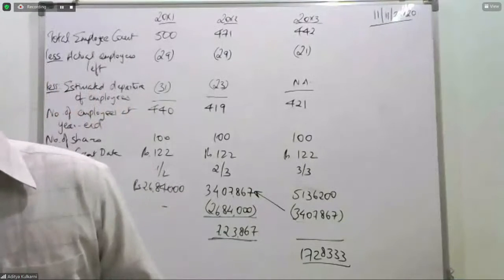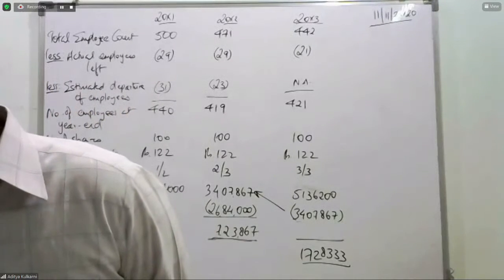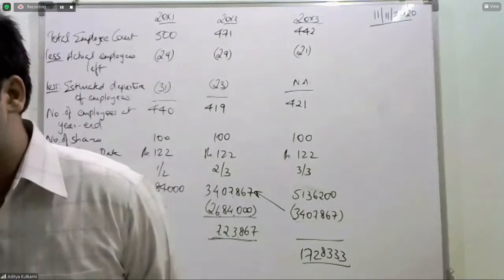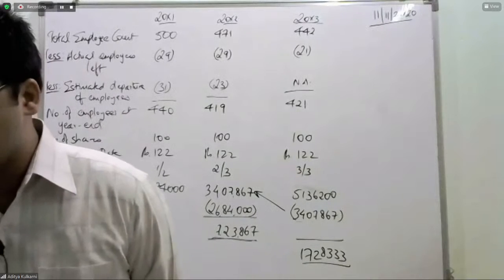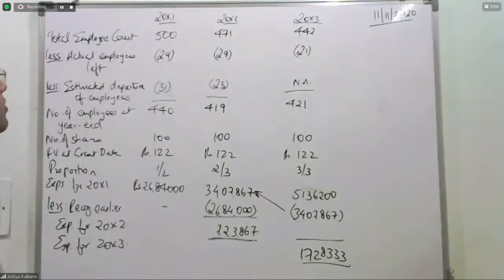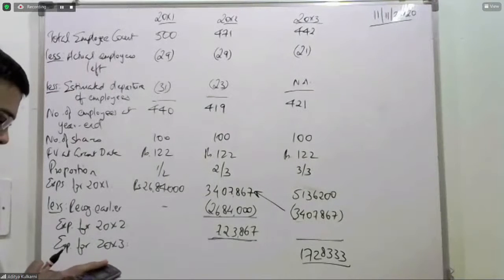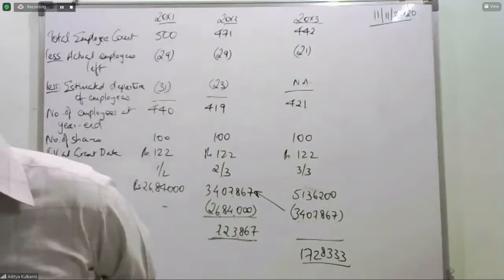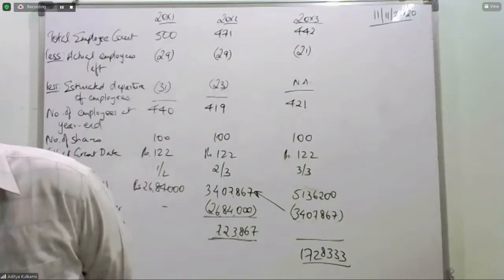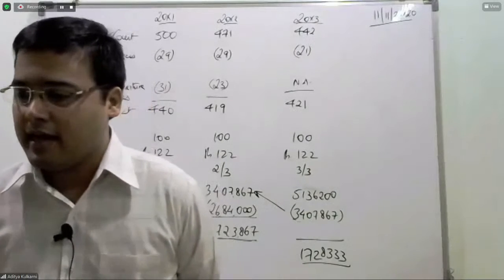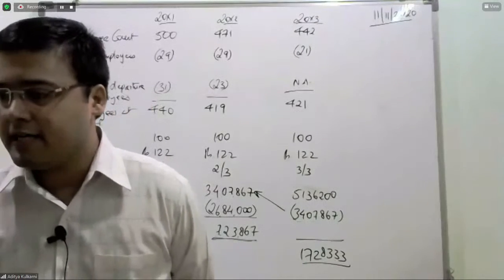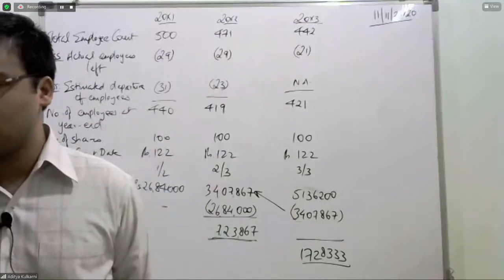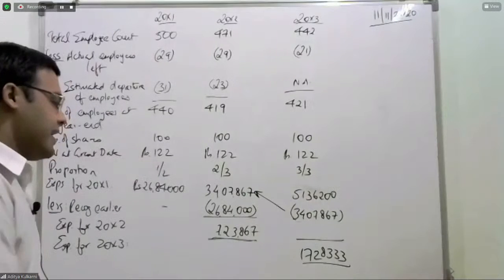Ambika from Mumbai asks: sir, if the condition is met in the second year, then the expenses will be 442 into 100 options. The entry will be 471 minus 29, 442 employees into 100 options per employee, fair value at the grant date 122, multiplied by 2 by 2, minus 26,84,000.